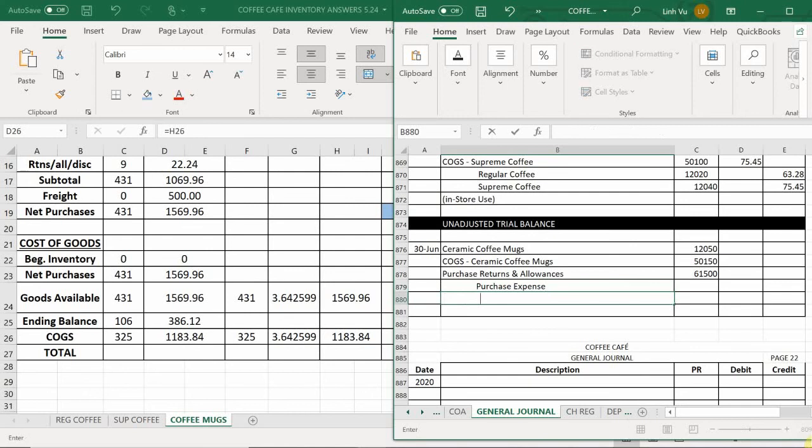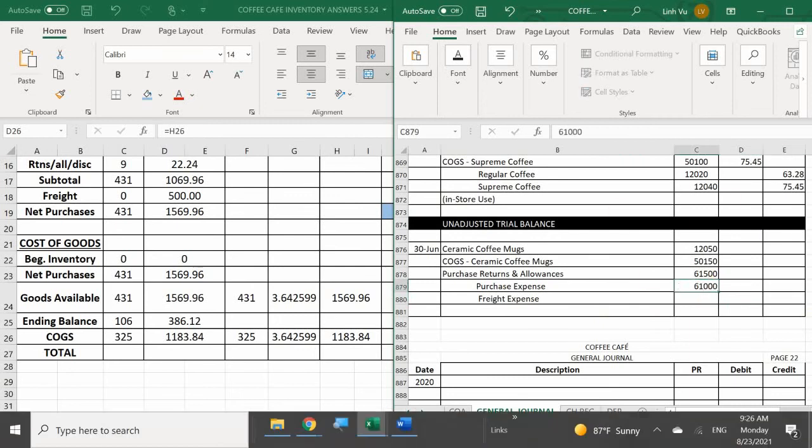So you got purchase expense and you got freight. Purchase expense is account number 61,000, and I believe your freight should be 6,300.